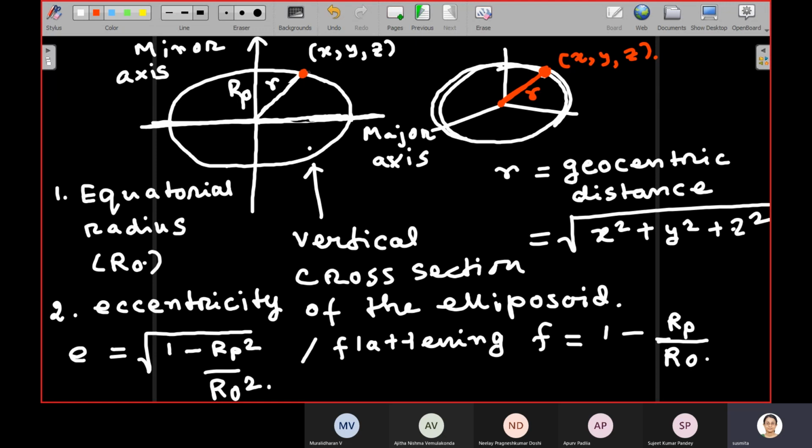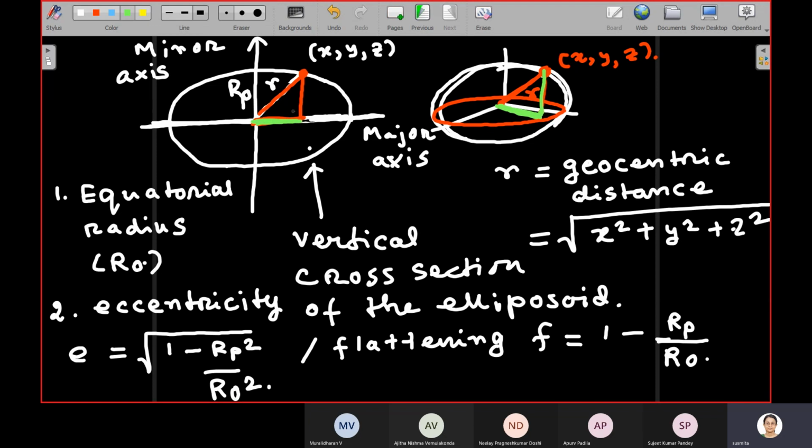Now, if we project r, this line, on the equatorial plane, we get this distance. So in the 3D representation, this is the equatorial plane. We project the point on the equatorial plane, and this green line on the equatorial plane is actually shown by this line.